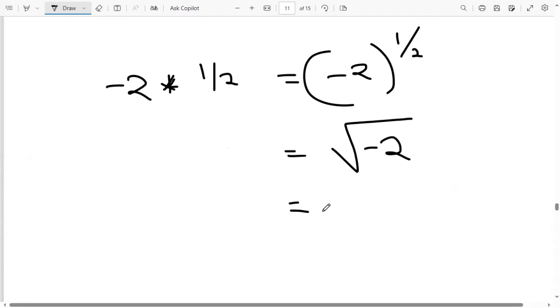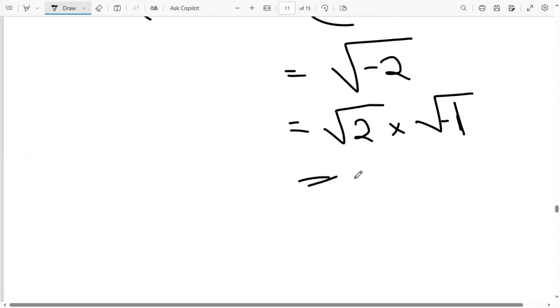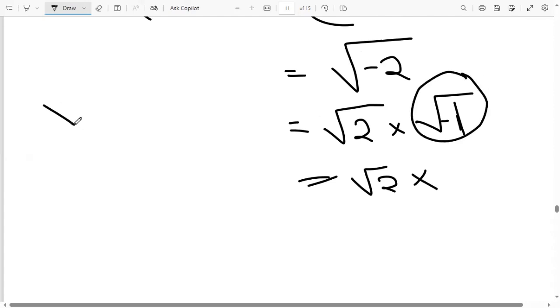It's a complex number. So we can write this as the square root of 2 multiplied by the square root of -1. And what is the square root of -1? These are complex numbers.